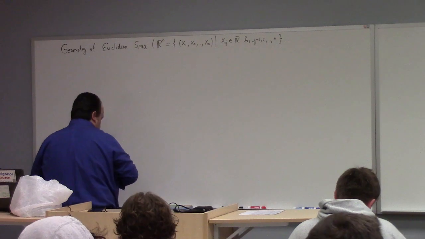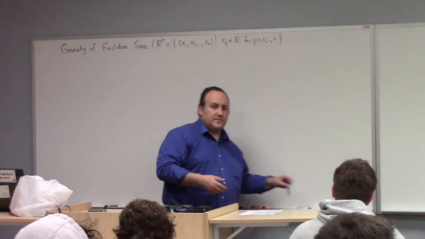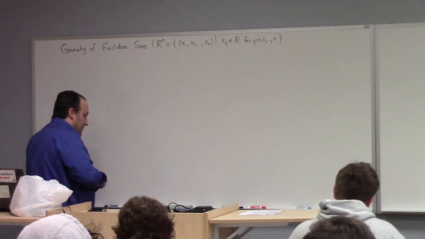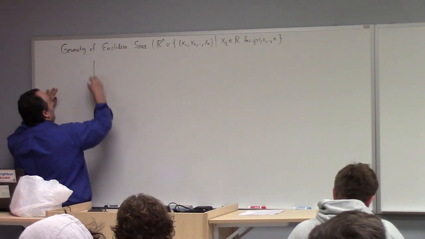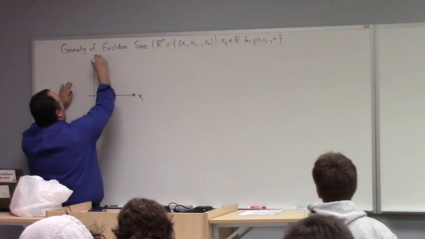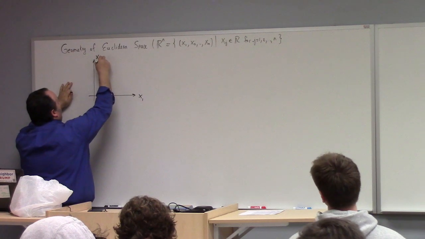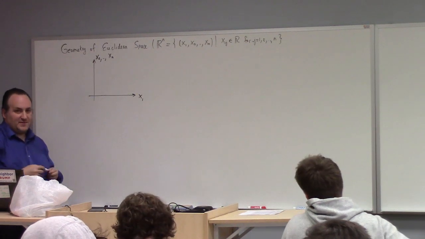And if we wanted to picture this, well, it's kind of tough, right? Because it's n-dimensional. But a silly person could make a picture that looks something like this. There you go. So there's my picture of Rn.